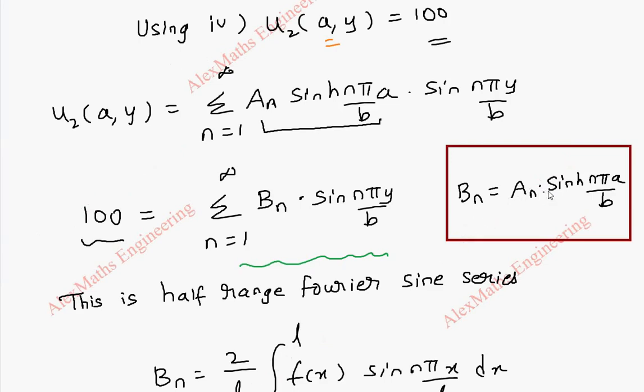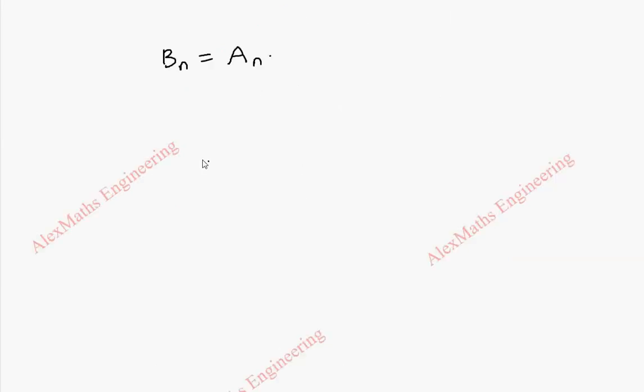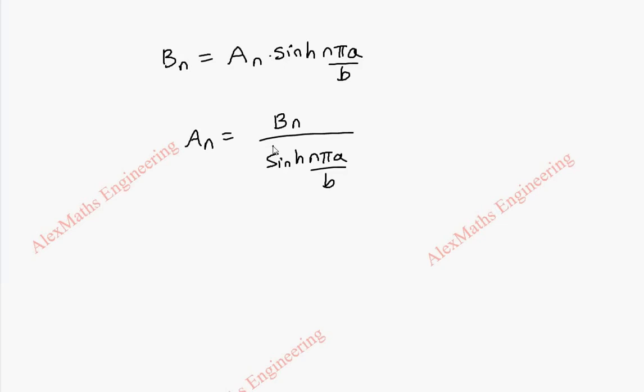Let's copy the substitution here. bn equal to an into sin h n pi a by b. So from this, an equal to bn by sin h n pi a by b.